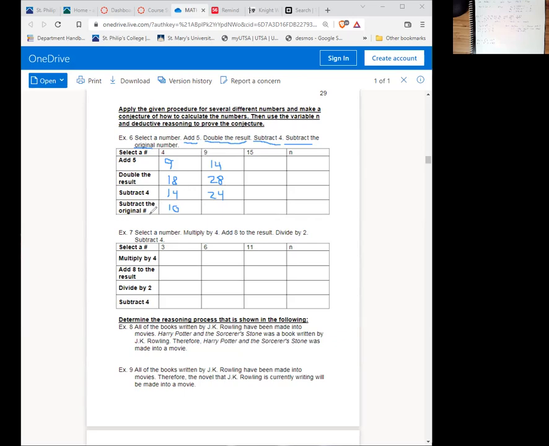Subtract the original number, which is 9. 24 minus 9, that's going to be 15.